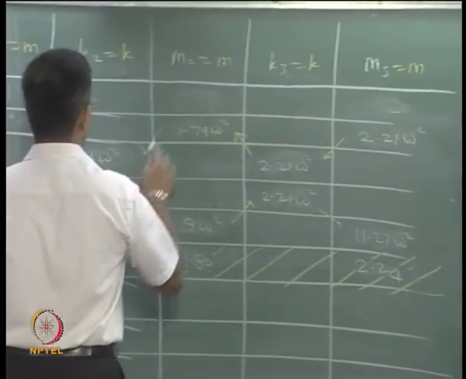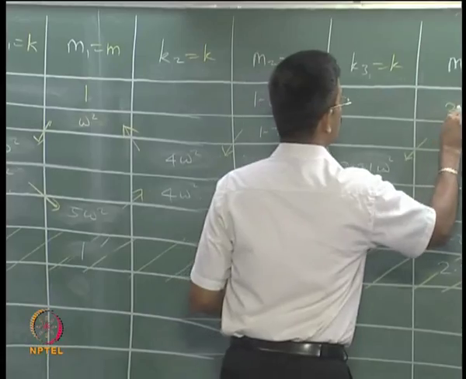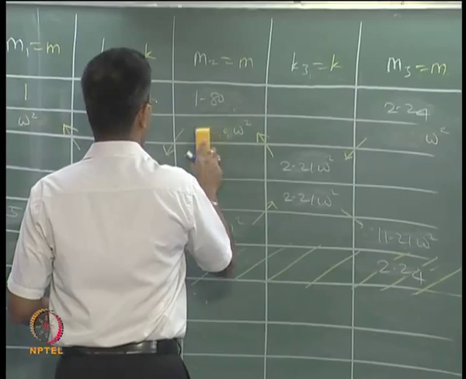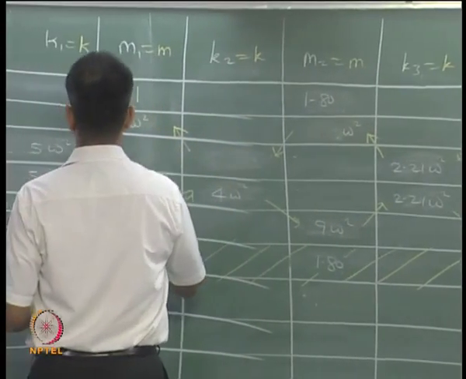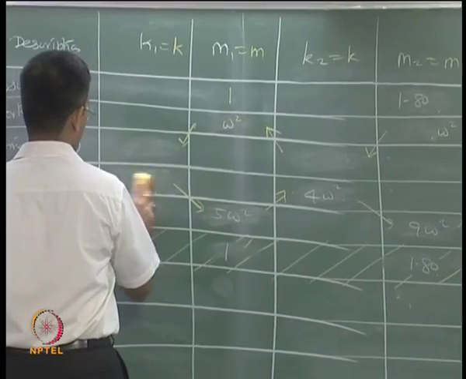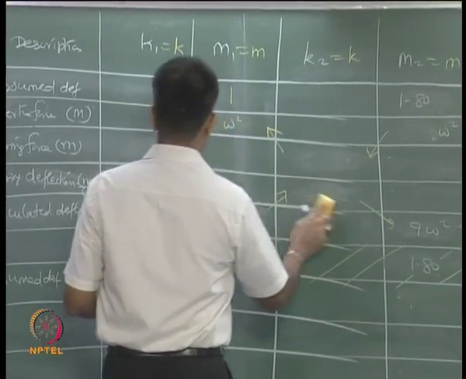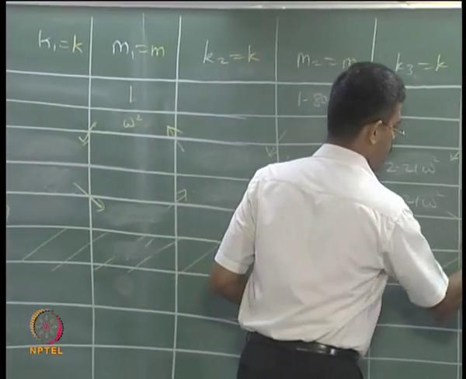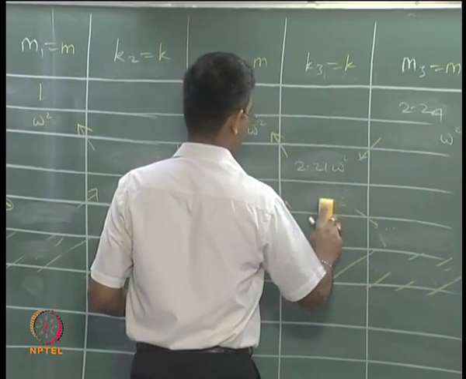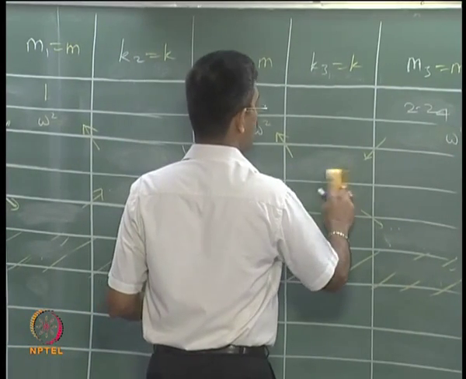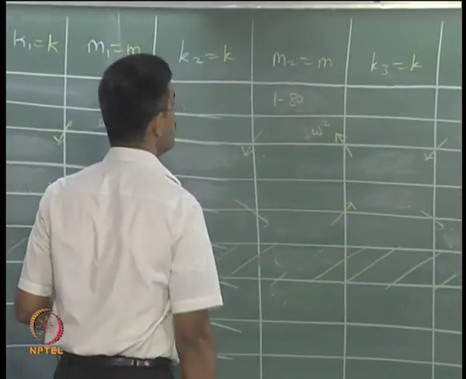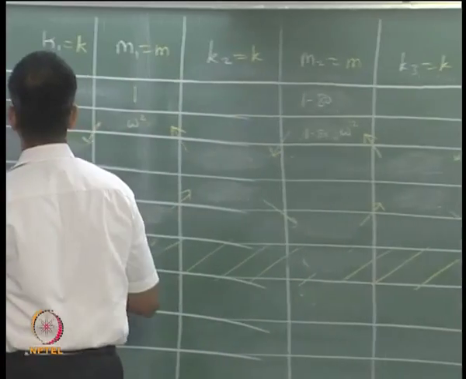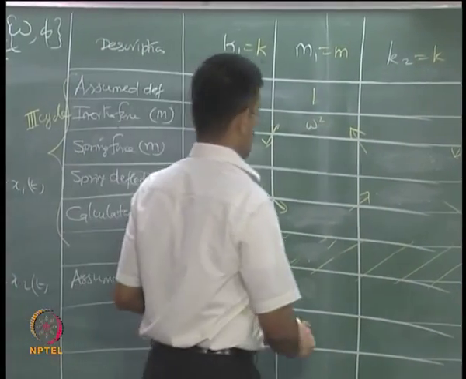I should use 1, 1.80 and 2.24 and do all the calculations back again quickly. So, 2.24, 1.80 omega square.